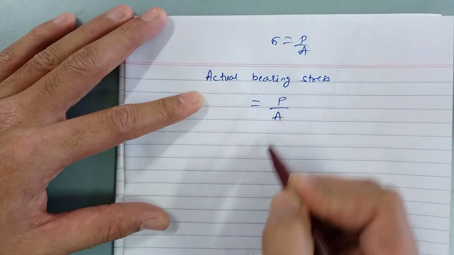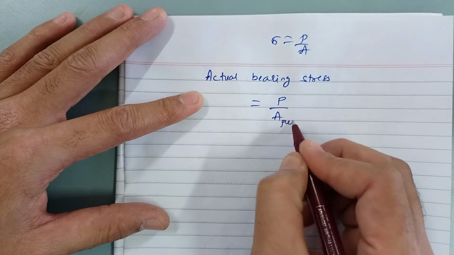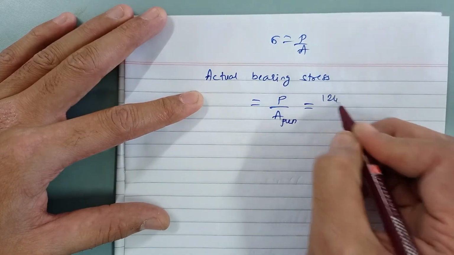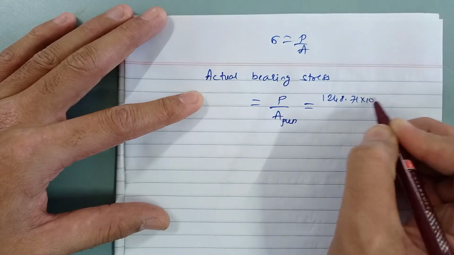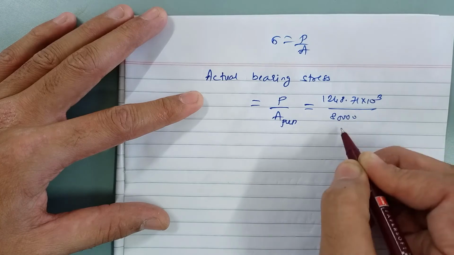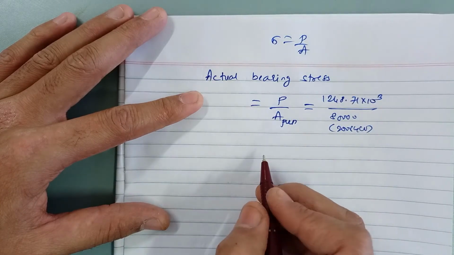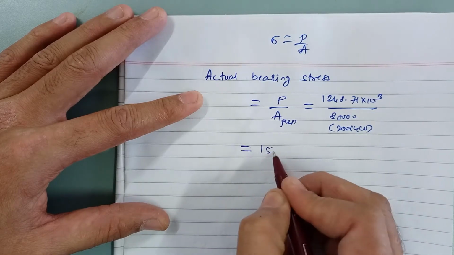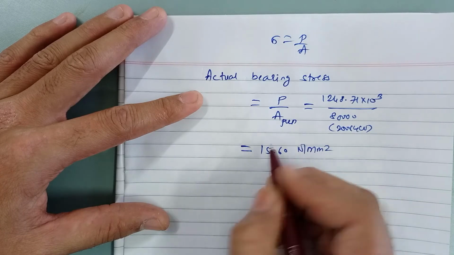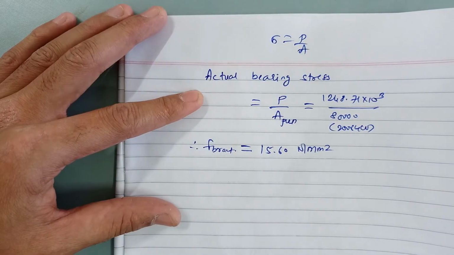Now we are supposed to calculate bearing stress, hence we will be considering the punching area, that is the bearing plate area, and force induced is 1248.71 into 10 raised to 3 Newton, and punching area is 80,000, that is 200 into 400, the area of the punching plate. Hence we get this value as 15.60 Newton per mm square. This is nothing but FBR actual.